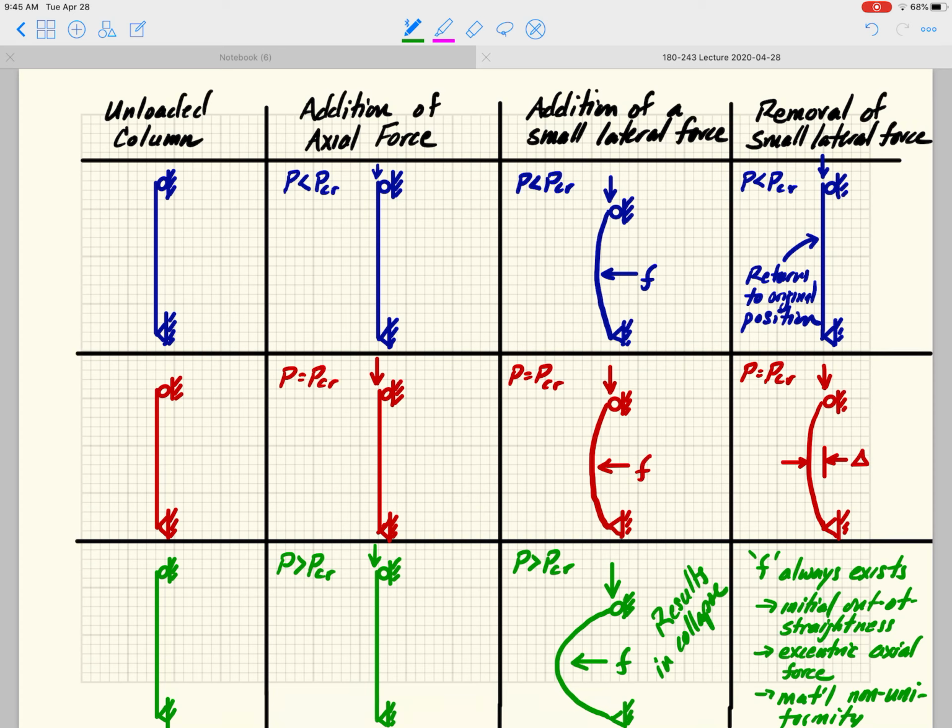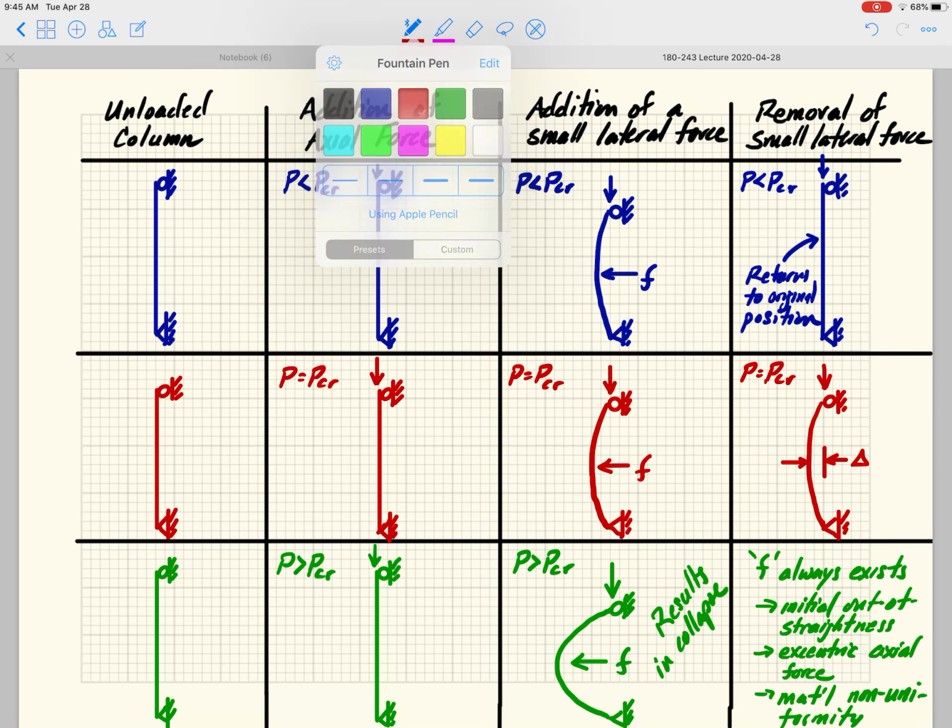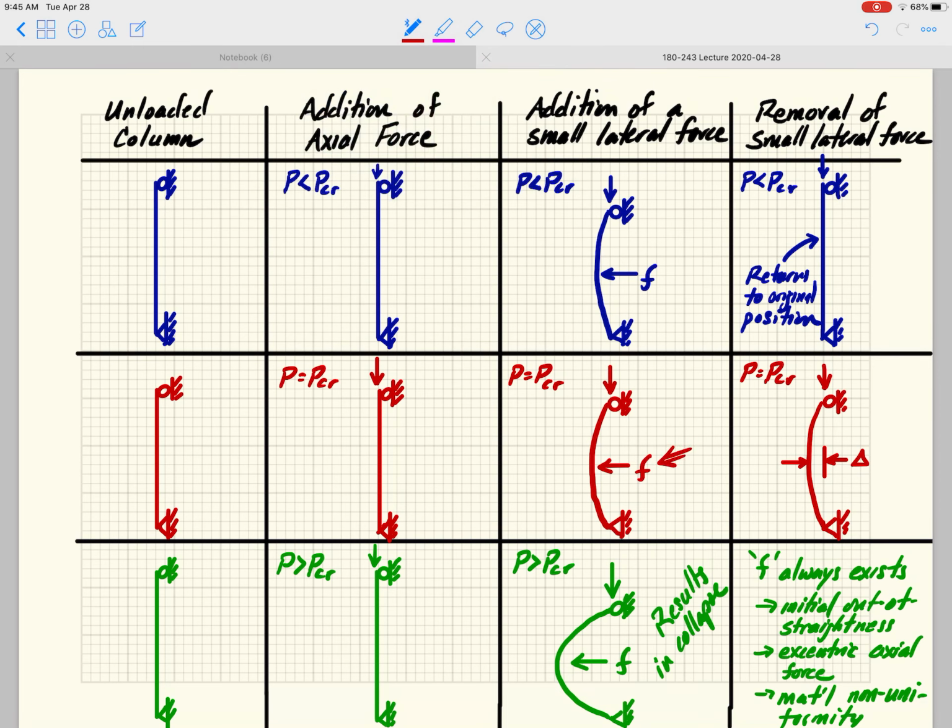Well, we started to effectively increase this F. So they were starting to pull the columns inward, and the more they bowed inward, the more that P times delta moment was able to, at first, just maintain the deformed shape, but then ultimately was able to increase the deformed shape.